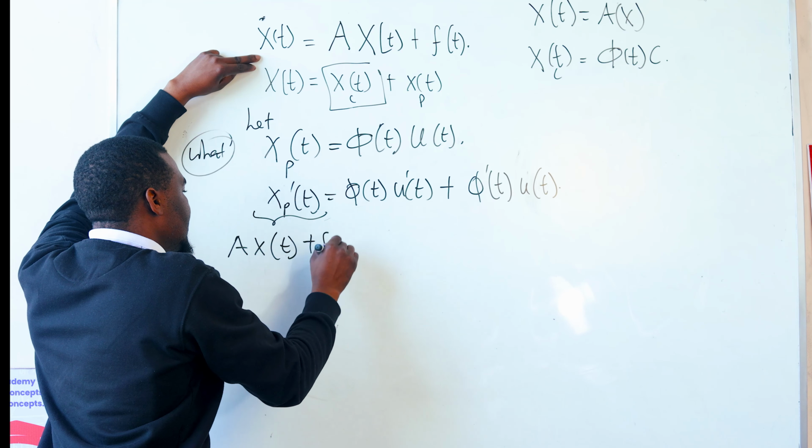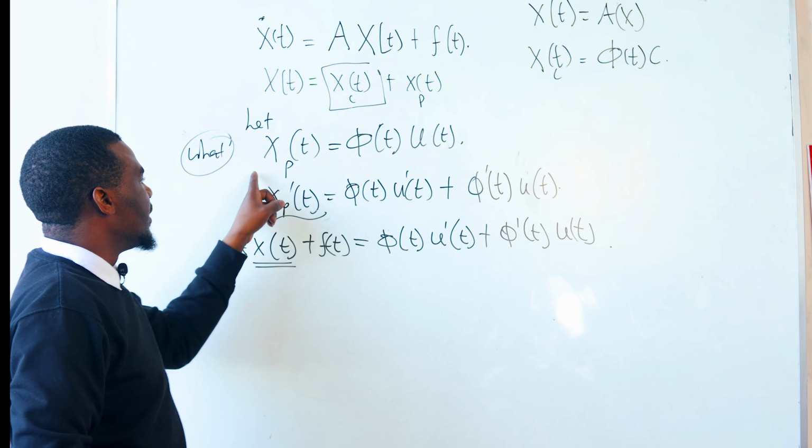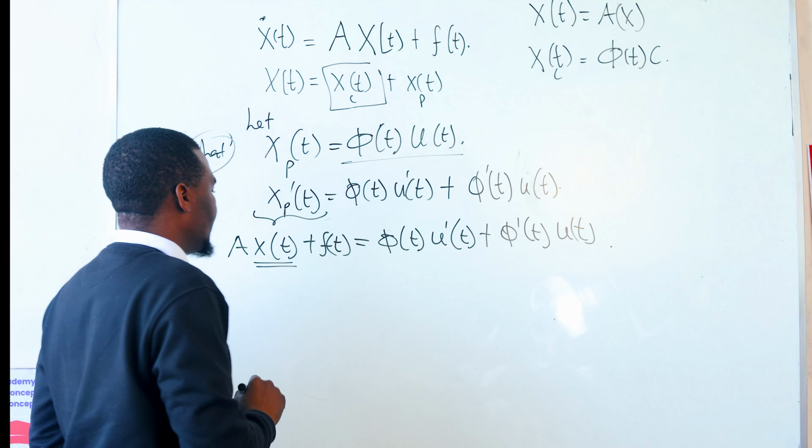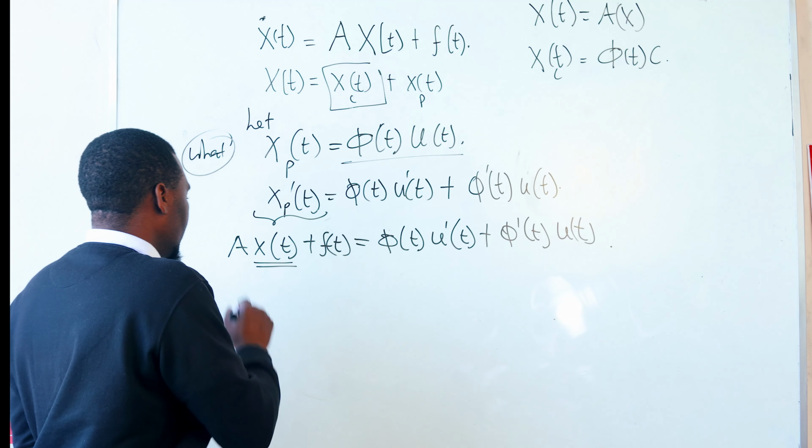But we know who x of t is, right? We've already deduced it here when we let x of t be this item. So here I can substitute with A times phi of t times u of t plus f of t is equivalent to phi of t times u prime of t plus phi prime of t times u of t, right?